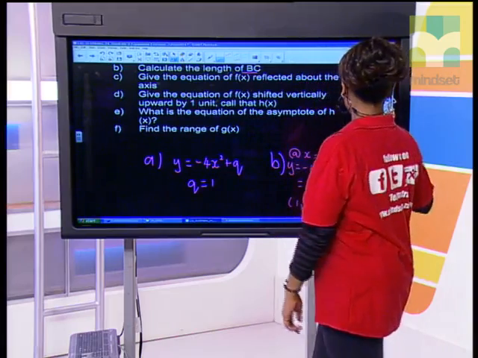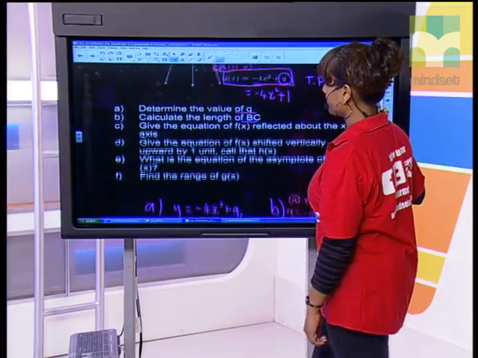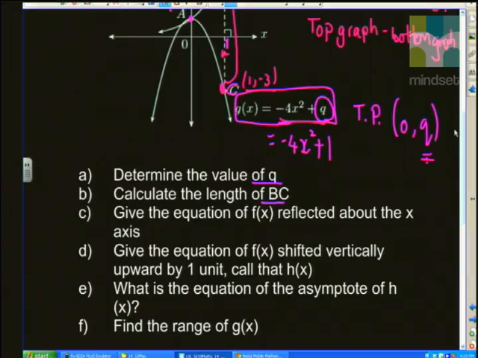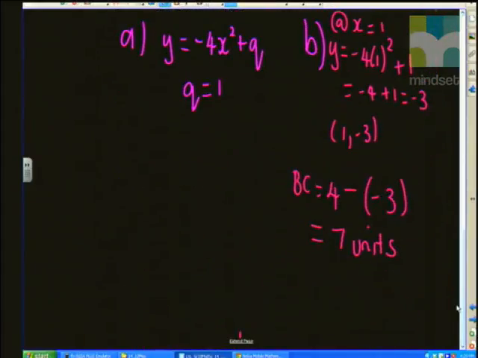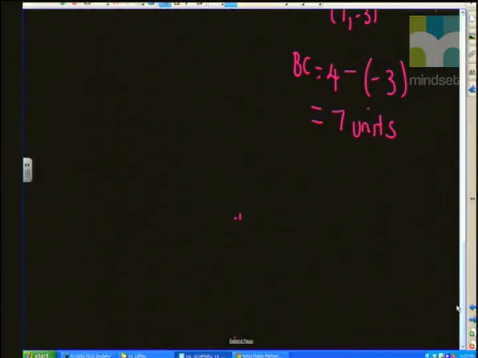All right, let's look at part C. They say give the equation of f of x reflected about the x-axis. Now, any point reflected along the x-axis. Let's just have a look at something on the side here.